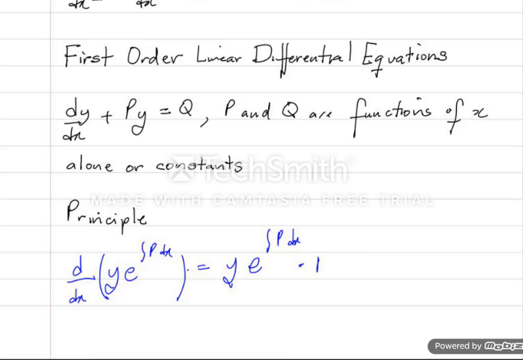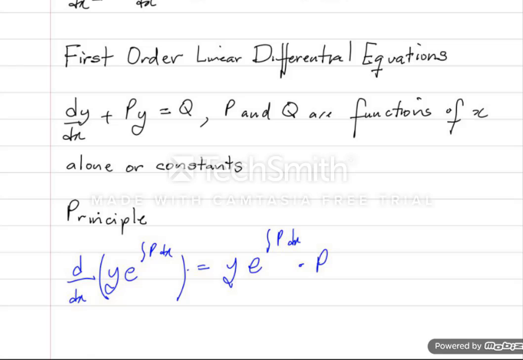Go think about it for a second. P is not a constant, p could be a function of x as well. But look at it this way: you're differentiating the integral of p.